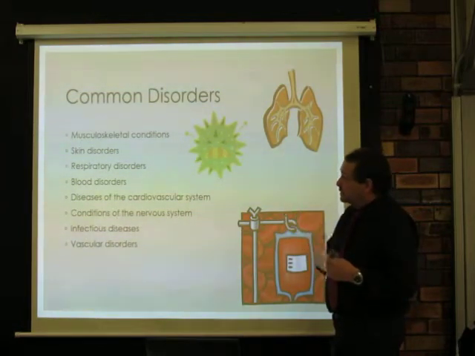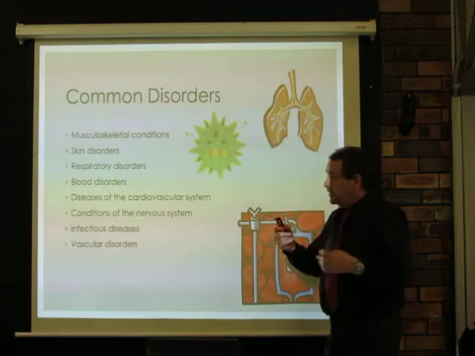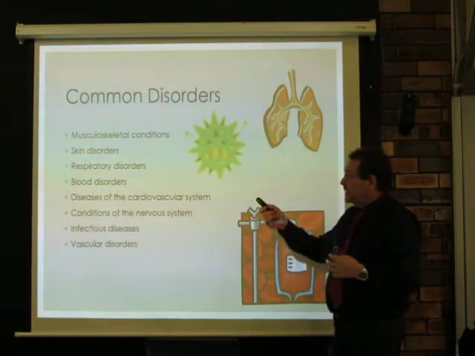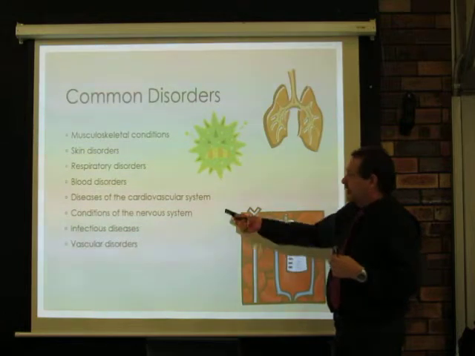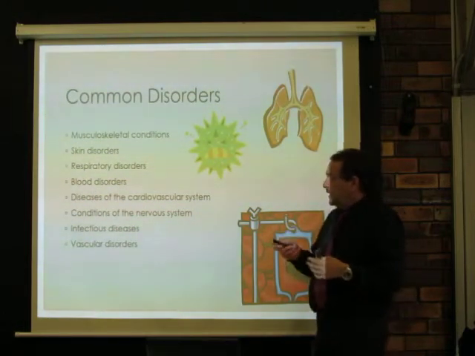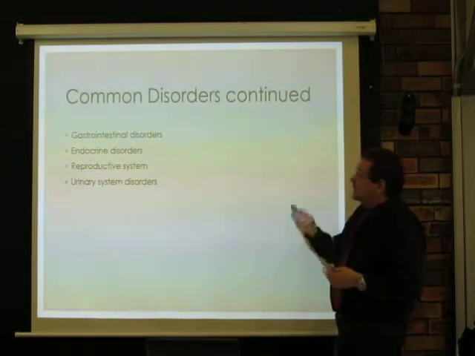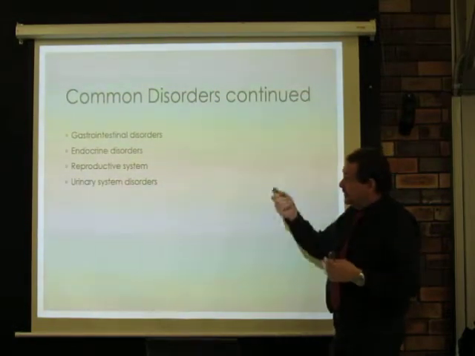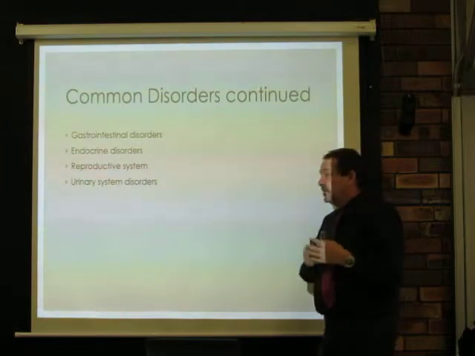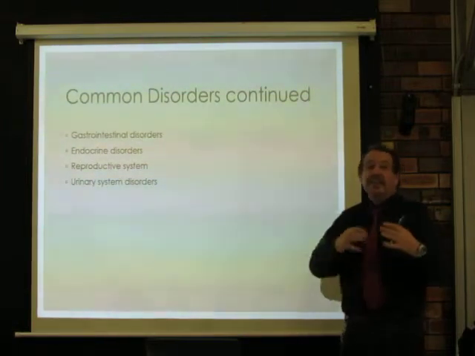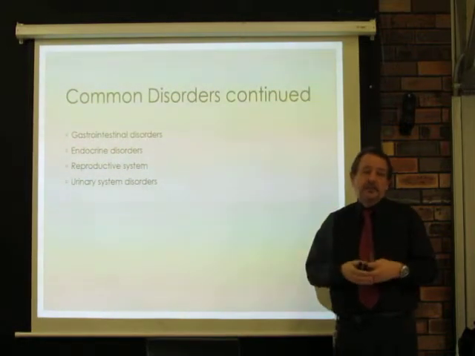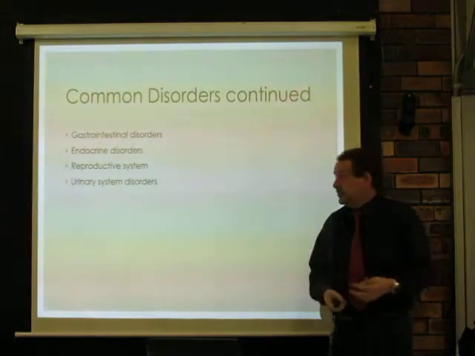Skin disorders, respiratory disorders, blood disorders, diseases of the cardiovascular system, conditions of the nervous system, infectious diseases, vascular disease, gastrointestinal disorders, endocrine disorders, reproductive system disorders, and urinary system disorders. They can all be not just one simple thing to fix. They can lead to other things.